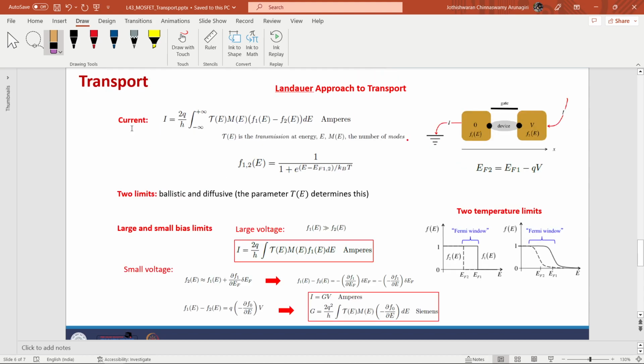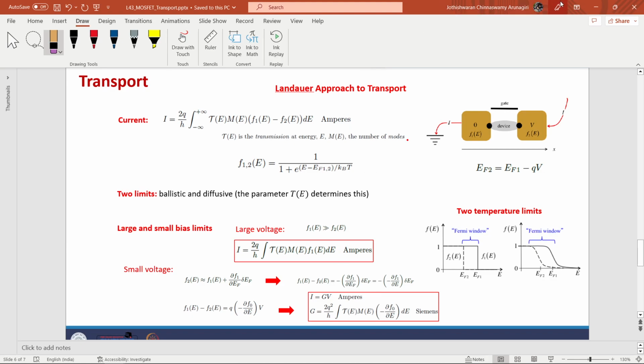Once that potential profile has been obtained, we shall use the Landauer transport to understand how the current conduction is happening across the channel with that particular potential distribution and charge carrier concentration. That is how we generalize our two terminal device picture to the three terminal picture that is required to study devices such as the MOSFET.